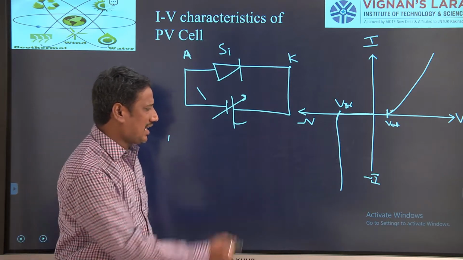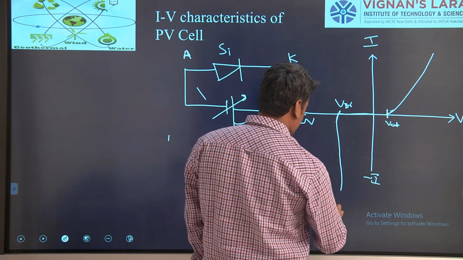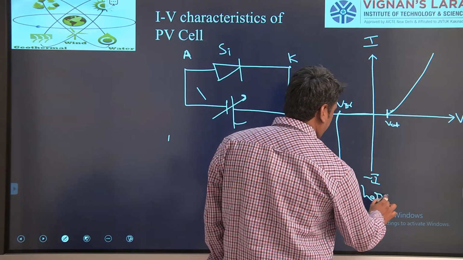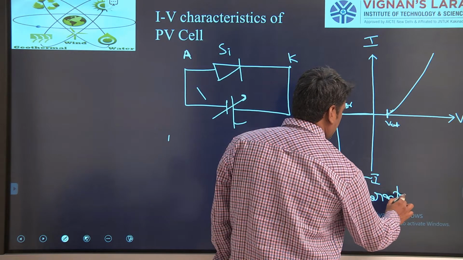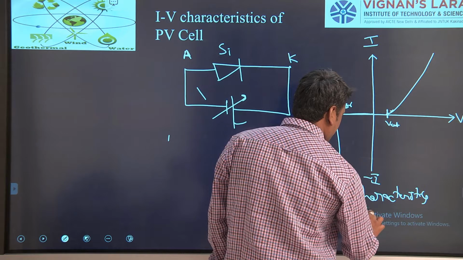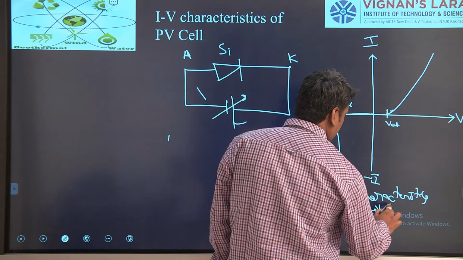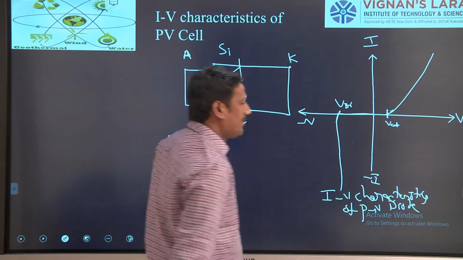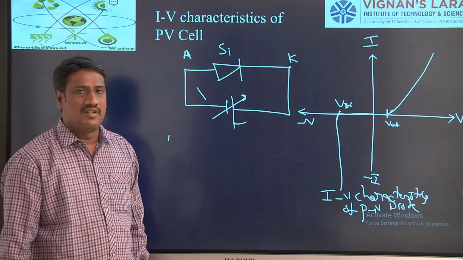These are the IV characteristics of a PN junction diode that you can observe.